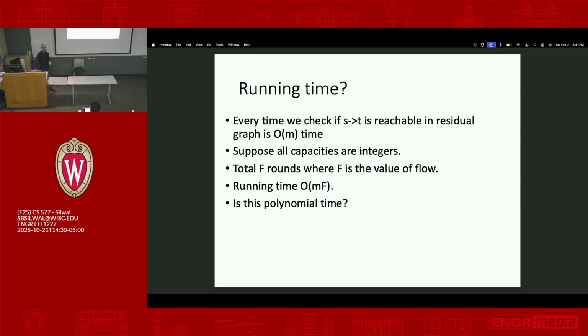Is this a polynomial time algorithm? Yeah. So it's not polynomial time. The reason is the running time depends on the size of the numbers, right? That's a really weird thing because the numbers are encoded in binary. It's like saying if I have a number 2 to the 10, the number of steps it takes is 1,024, but the size of the input is only 10 bits.